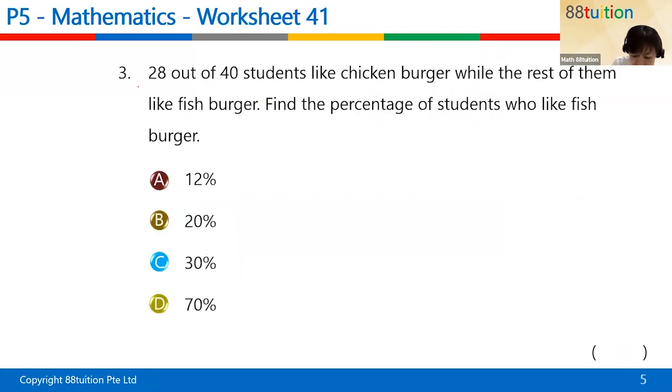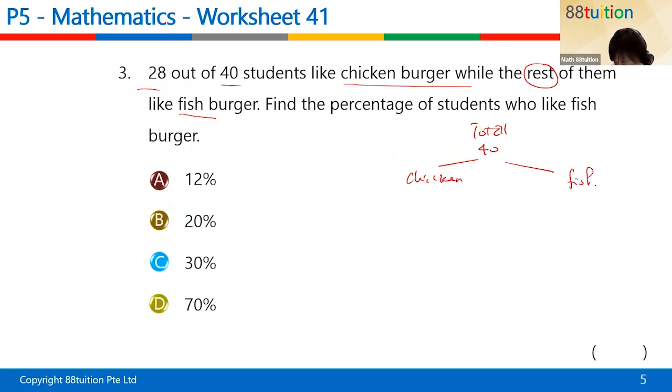Question number 3. 28 out of 40 students like chicken burger, while the rest of them like fish burger. So there are a total of 40, and with 28 chicken, you need to find the fish, which gives you 12. To find the percentage of people who put fish as their favorite, let's put 12 out of 40 multiplied by 100%.